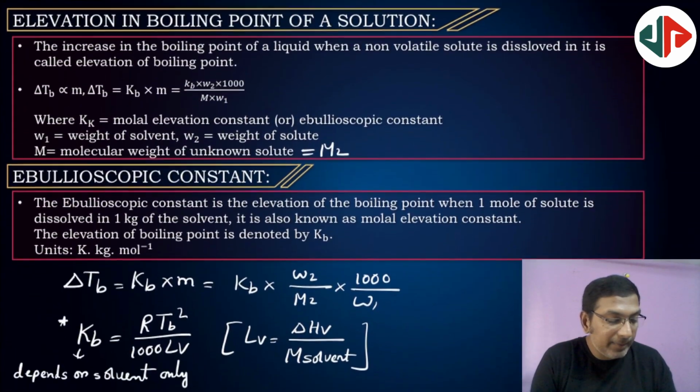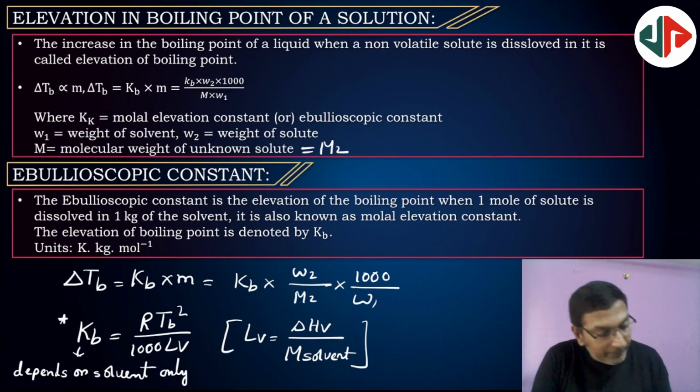Ebullioscopic constant can be defined as the elevation in boiling point produced when 1 mole of non-volatile solute is dissolved in 1 kg of solvent. It is denoted with Kb and units Kelvin kg mole inverse.